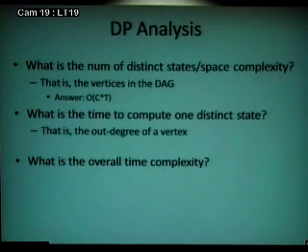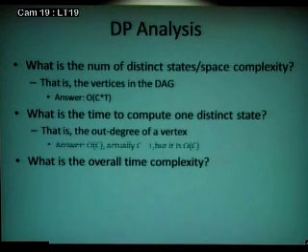And then you have to ask what is the time needed to compute one distinct state. For every state or every vertex, you need to look at c neighbors, actually c minus 1, but it's still O(c). And the third question is, what is the overall time complexity?